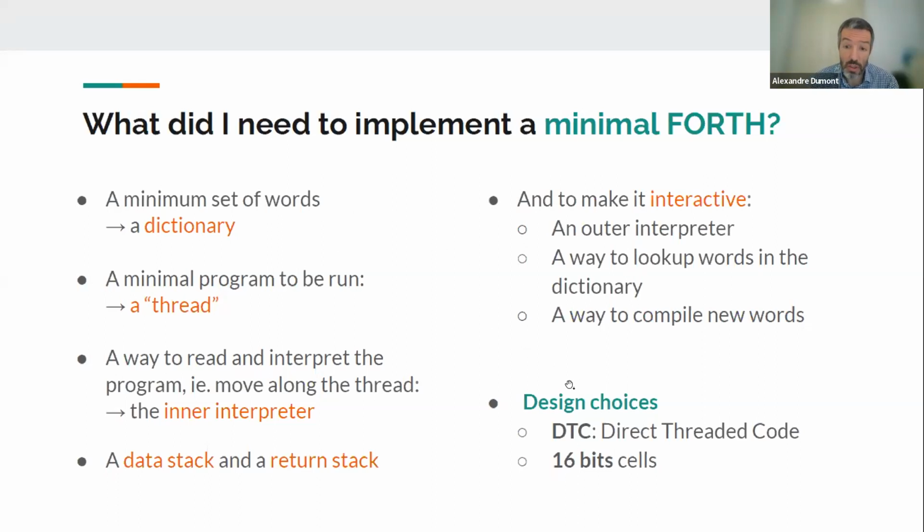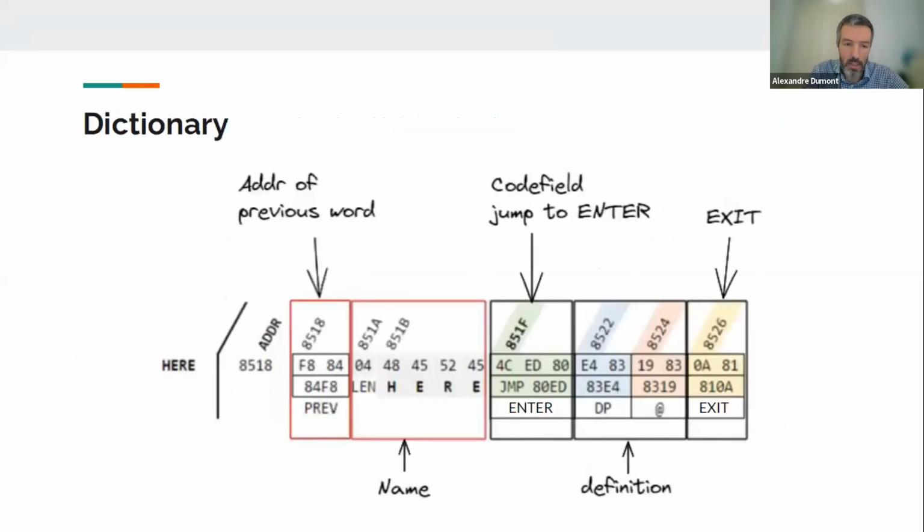Regarding design choices, my implementation is direct threaded code, and the cells are 16 bits wide, so 2 bytes. This is what a word in the dictionary looks like. I think it's quite standard. There is a header with a link to the previous word. Here it's the code for the word in the dictionary.